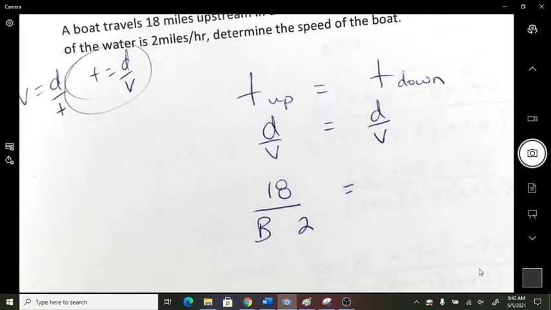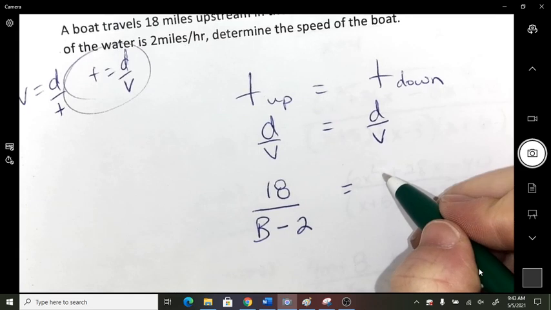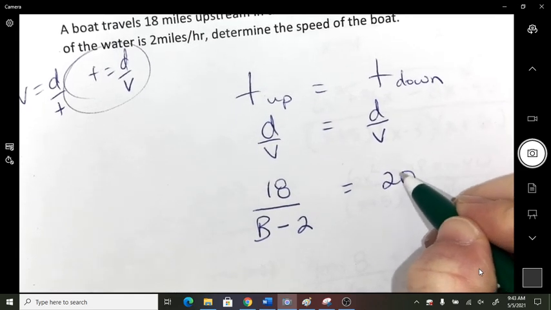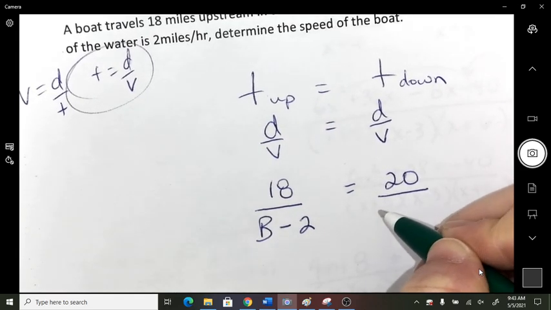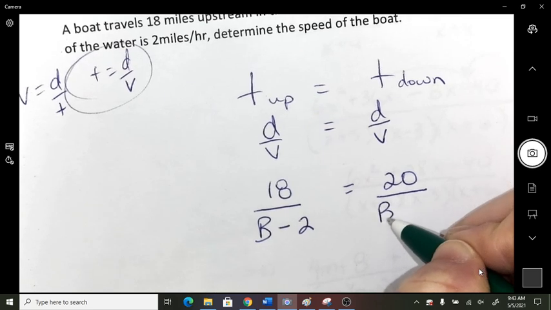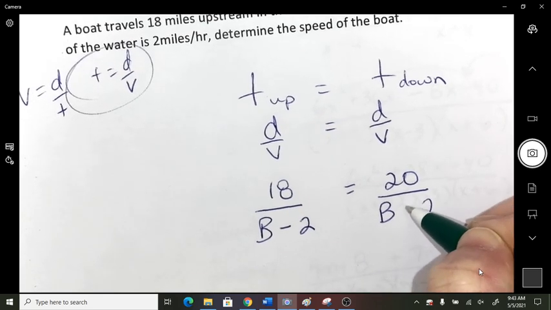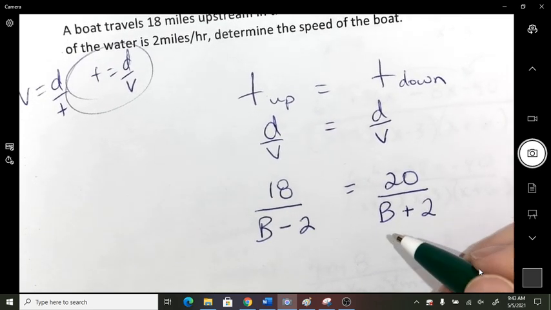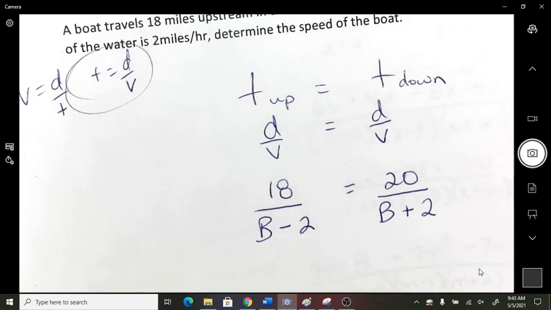Would you add it to the velocity or subtract it? Subtract it. It's making you slower. It's coming at you. As you go down the stream, you went a distance of 20, and the velocity was your boat traveling. And now you're going to add, right? Because you're going down the stream, so the current is adding to your boat speed.